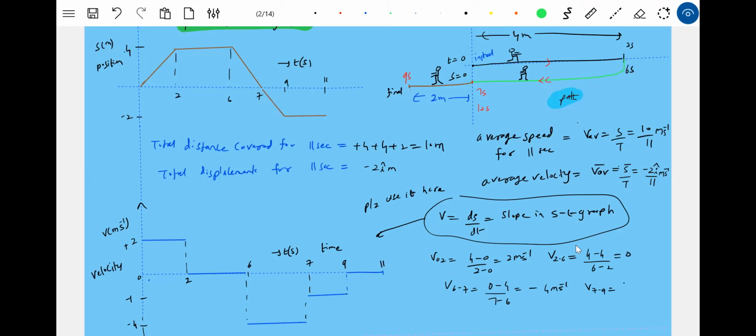So what is the velocity? Velocity will be the position of the particle minus 2 minus 0 by 9 minus 7. Now you are getting why I'm writing 2. What is the slope? 2 meters. For 0 to 2 seconds, uniform velocity.